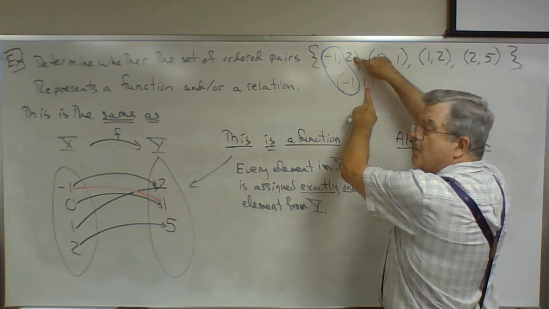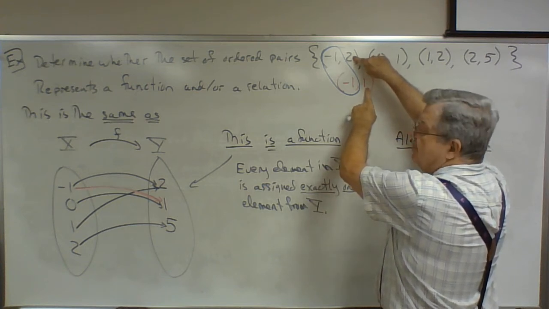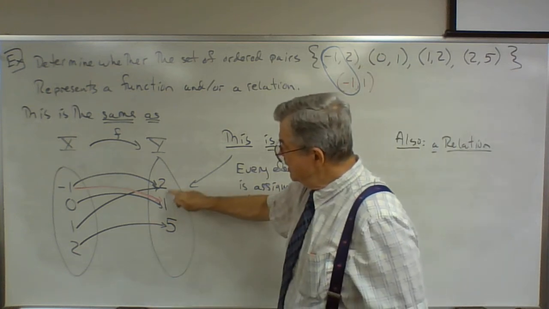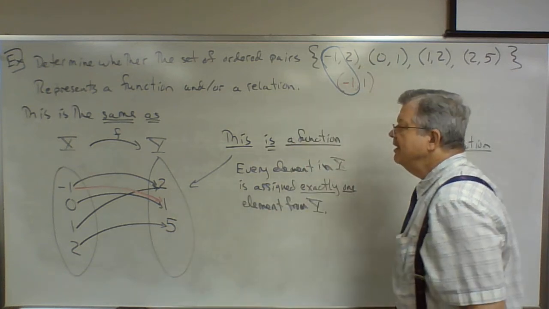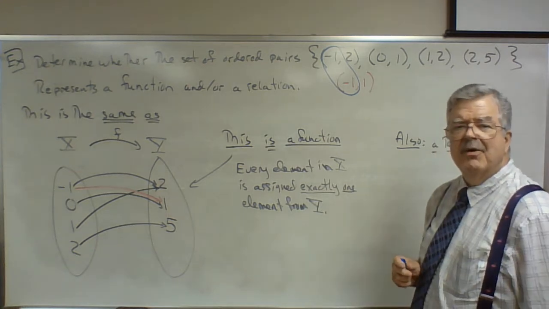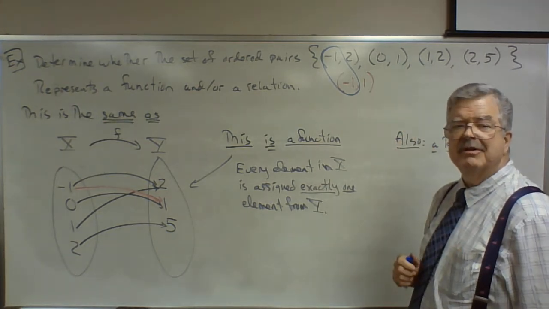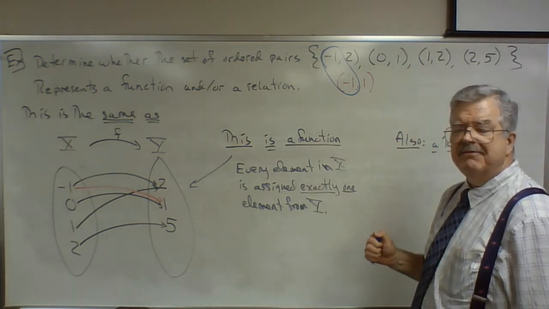Not exactly one Y value like a function should have, but two different Y values, 1 and 2. So that would be the telltale sign for a set of ordered pairs representing a relation not to be a function.